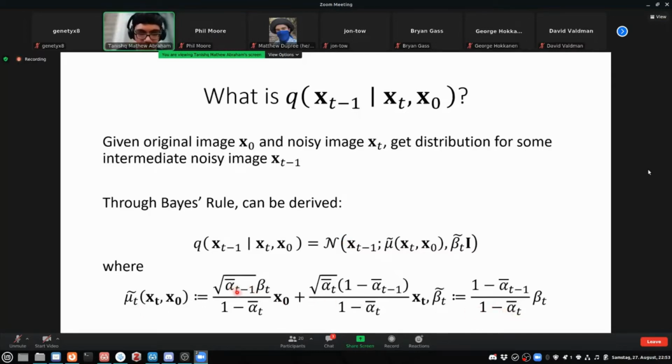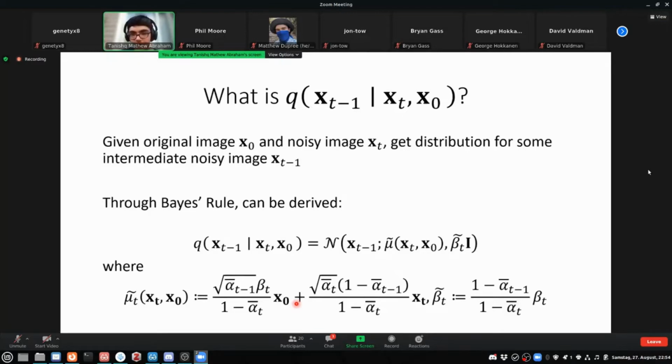We talked about these alpha terms before, so these are terms we can calculate. If you look closely, what we're doing is a sort of interpolation between x0 and xt: we have our original image and our noisy image, and we're trying to find a distribution in between.